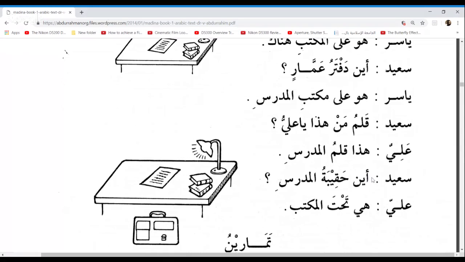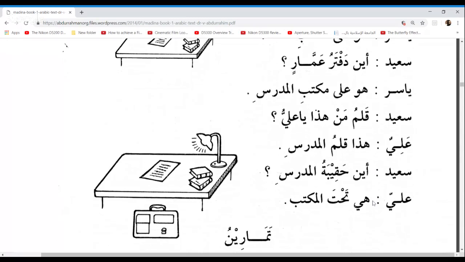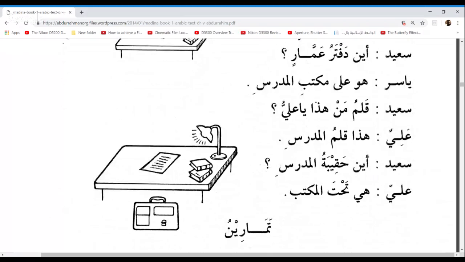Next one. أين حقيبة المدرس؟ Aina Haqibatu al-Mudarrisi. Yep. هي تحت المكتب.